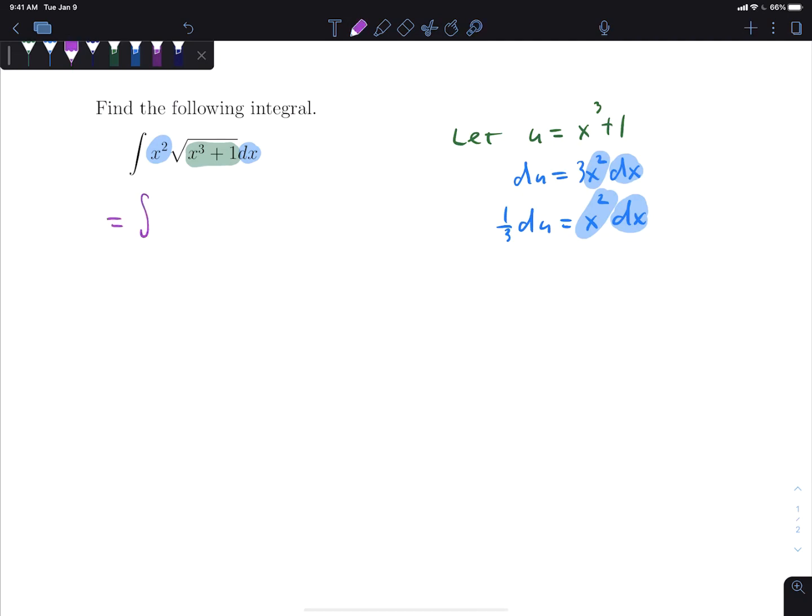Well, we still have the integral of, well, we have the square root, and the square root of x cubed plus 1 is just u, and the x squared dx is right here, 1/3 du. So technically multiply by 1/3 du.